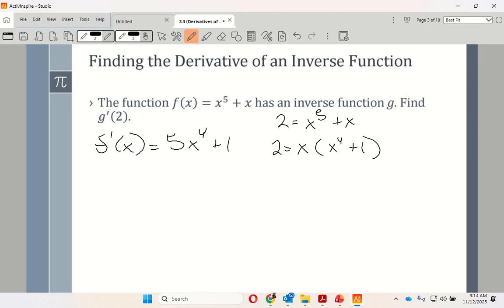Now, we solve for x. Now, I'm going to try and do this one right here. So 2 is equal to x to the 4th plus 1.